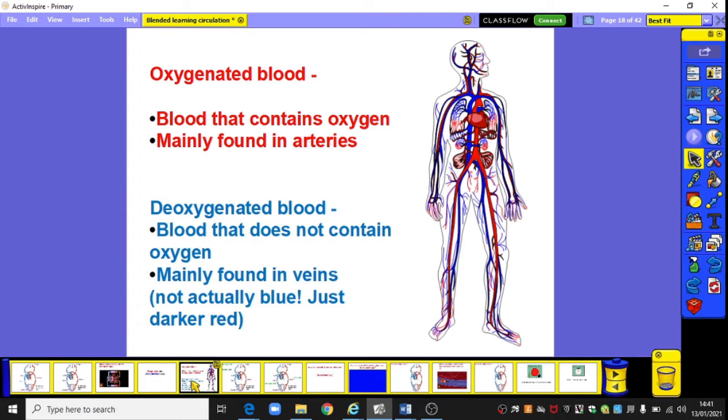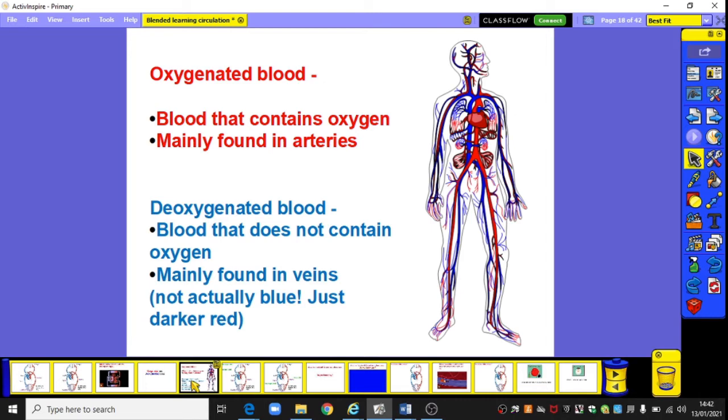And the deoxygenated blood then has to return via the heart to the lungs to get more oxygen again. Now, this is mainly found in the veins. It's not actually blue, it's just a darker red colour. But often in diagrams you see it in a blue colour so that you can distinguish between the oxygenated blood and the deoxygenated blood.